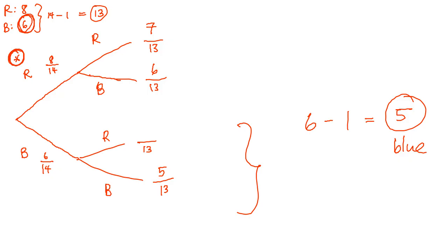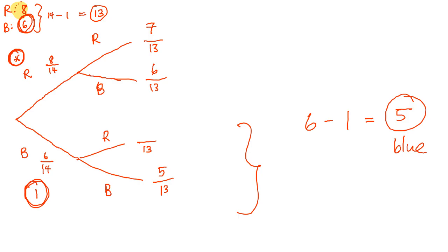But if we chose blue the first time, that's here, then the red was untouched. So the red will be whatever it started with. And I'm highlighting it in the corner here, we started off with 8 red. Here it is here.